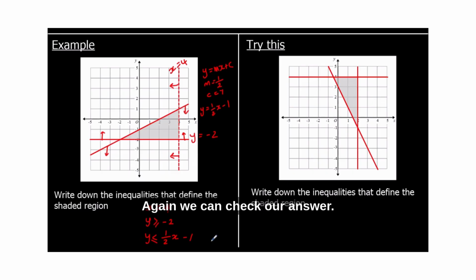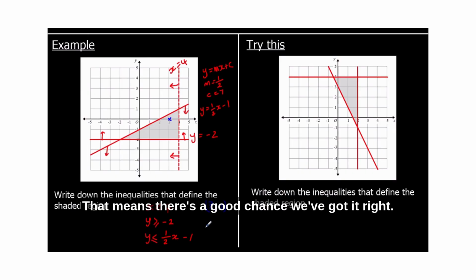Again, we can check our answer using a point. So if we pick a point within our region, (3, 0) is a nice one. So we take (3, 0), and if it works for all of these, that means there's a good chance we've got it right.